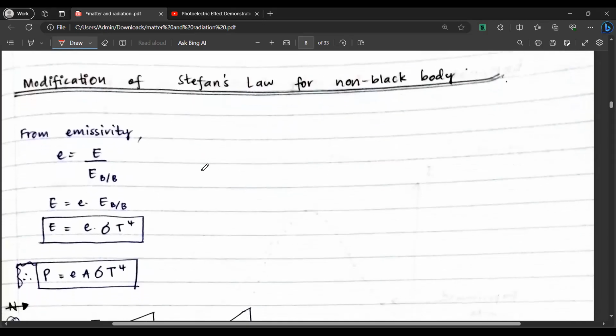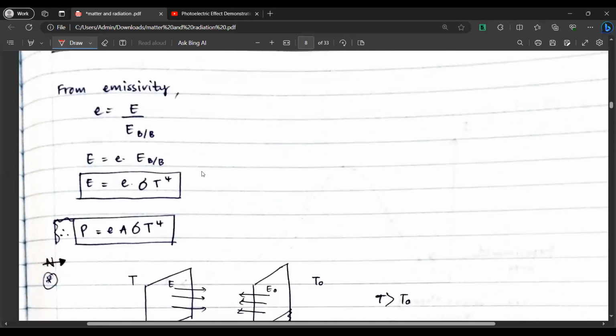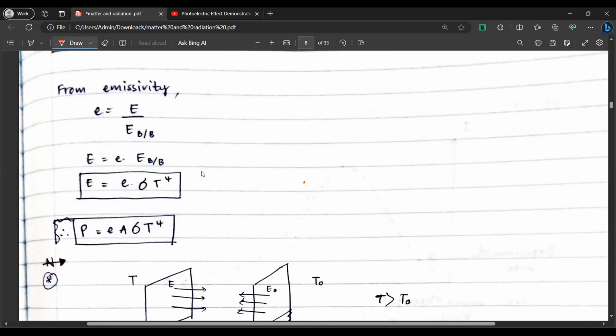Modification of Stefan's law for a non-black body. So we can obtain an equation for non-black body objects, or a normal body. We know that emissivity is E over E black body. So E is equal to simple e times E black body. Now we can replace it in the black body equation.